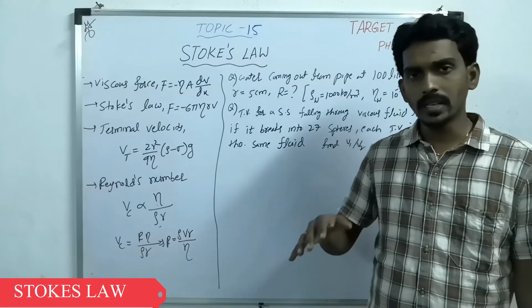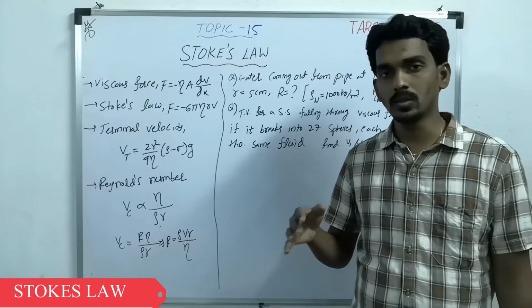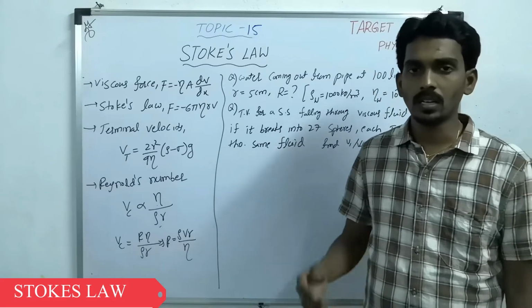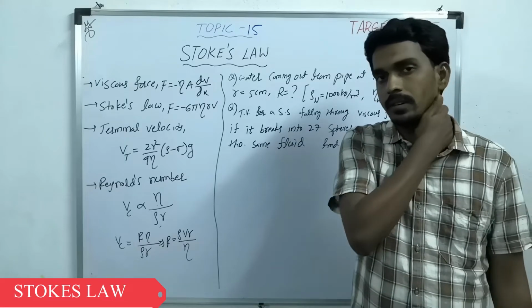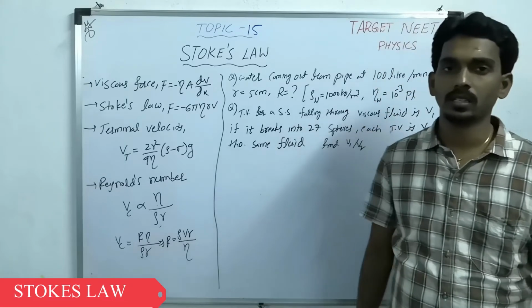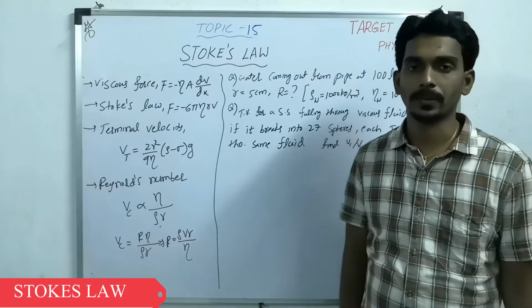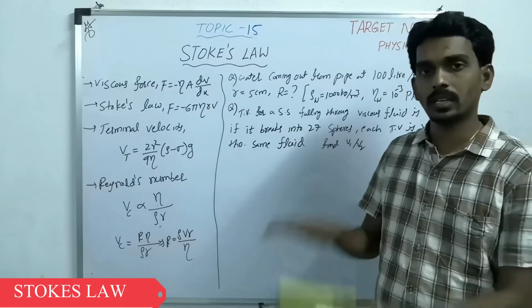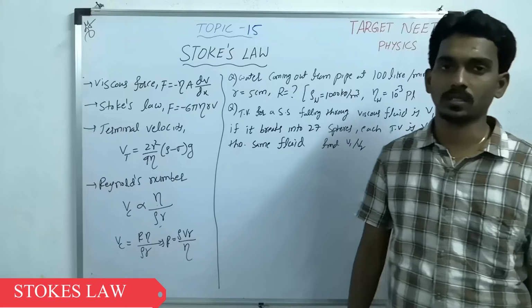So, the nature which tries to control the flow or speed of the liquid is called viscosity, and the force which acts between the layers of the liquids, we call it viscous force.